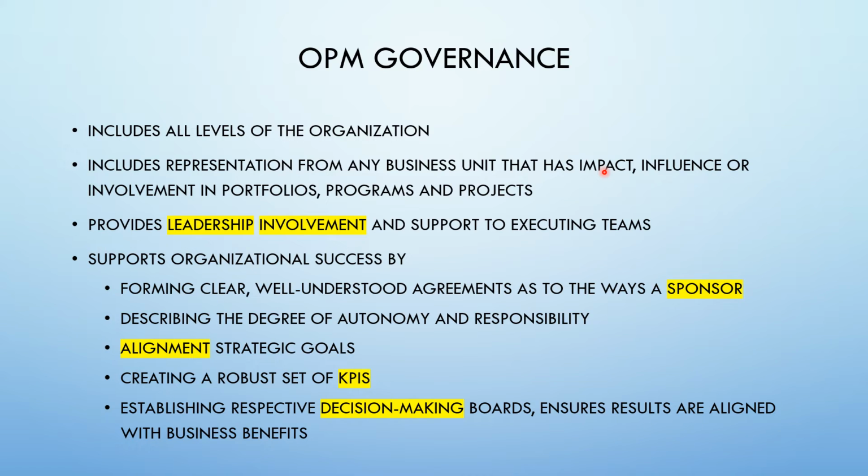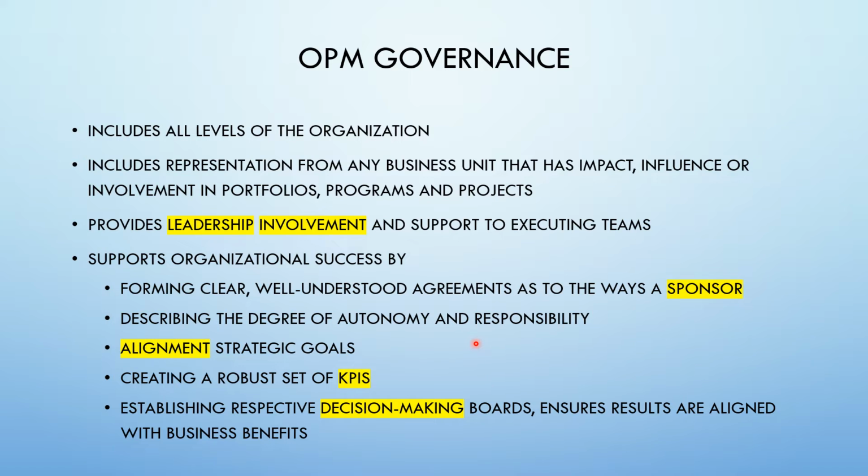It can be represented. OPM governance provides leadership involvement and leadership support to teams that are executing, or the performing organizations. It supports organization success by doing these 5 activities.